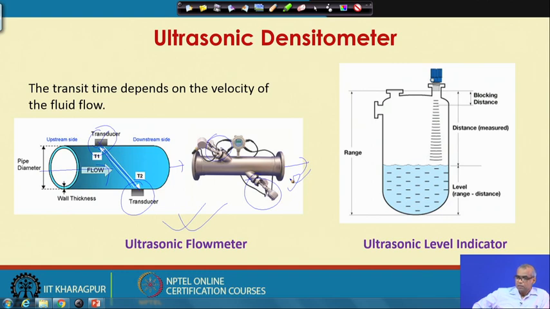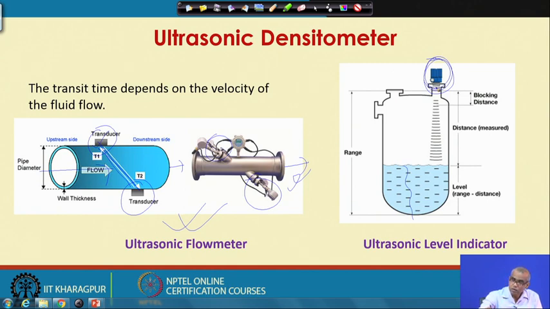Similarly, there is ultrasonic level indicator. So, you have the liquid in this tank, you have the ultrasonic transducer. So, here the ultrasonic transducer generates ultrasound as well as receives it.